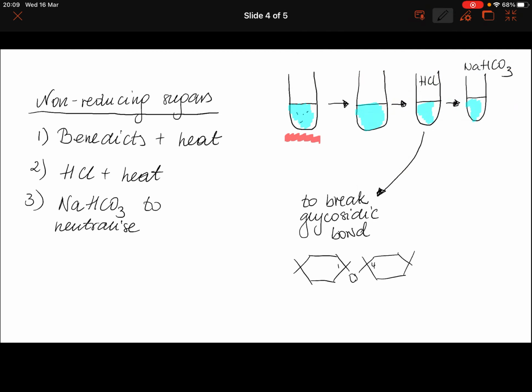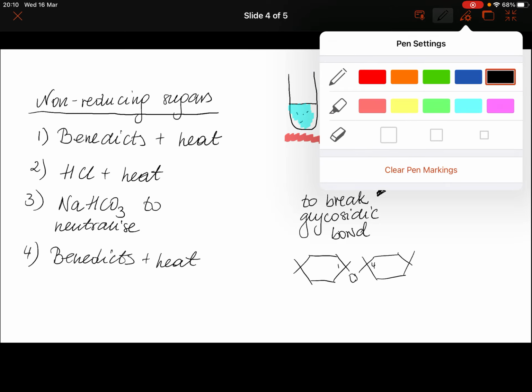Once we follow all those steps, we come back to the first step of the method. We're going to use Benedict's and of course heat our solution.